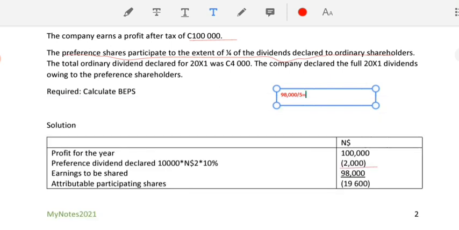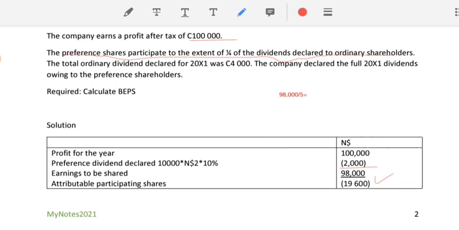If we take 98 divided by 5, we get the 19,600 we have here. And that will be the portion, the 1/4 we are talking about here.